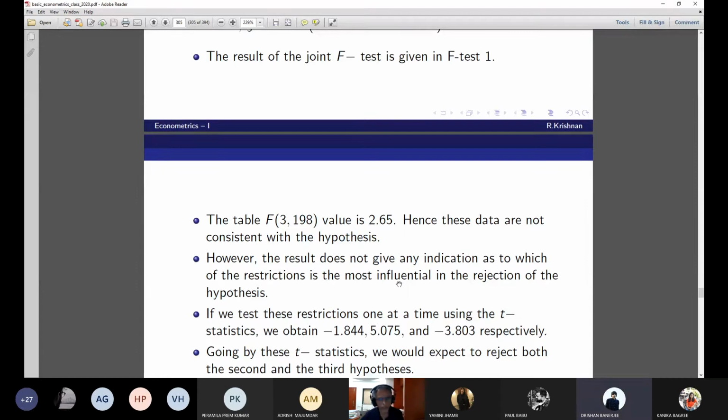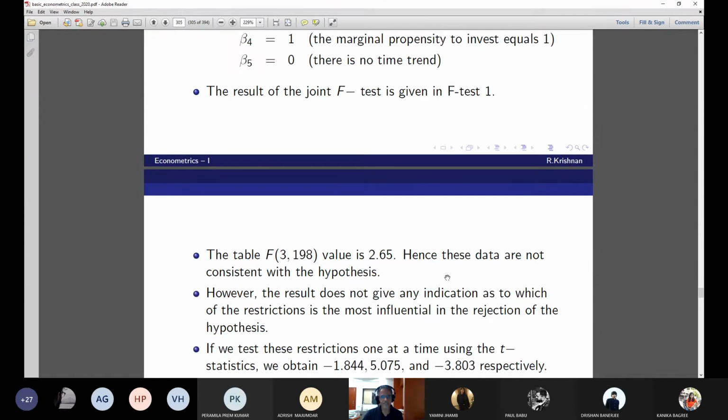So what does this imply? The second bullet point: since the joint test is a joint test, the F test does not give any indication as to which of the restrictions is the most influential in the rejection of the hypothesis.